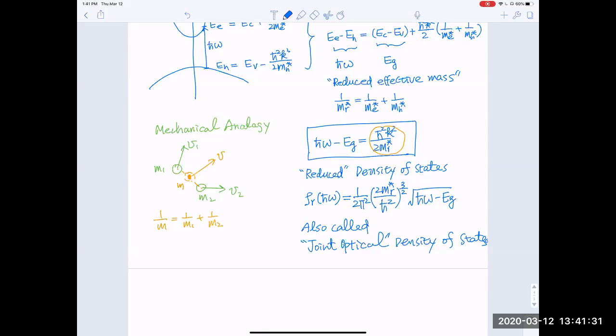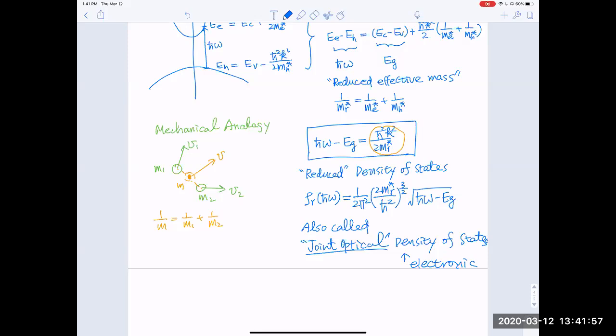Good, because it tells you these density of states are joined optically. But these are actually electronic density of states. So don't forget, this is really an electronic density of states. That's why it has a similar form as the electron density of states.